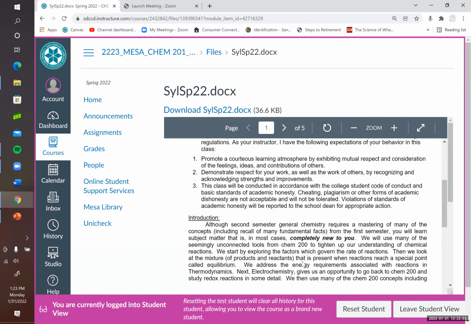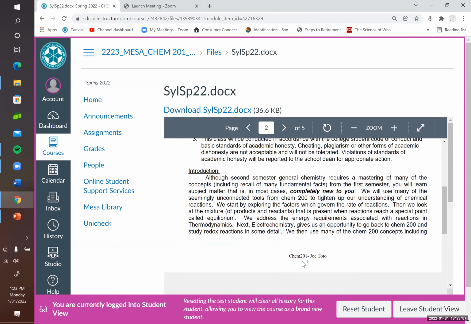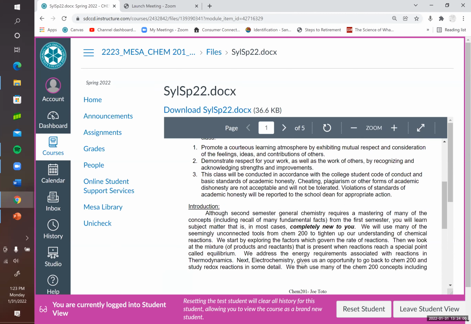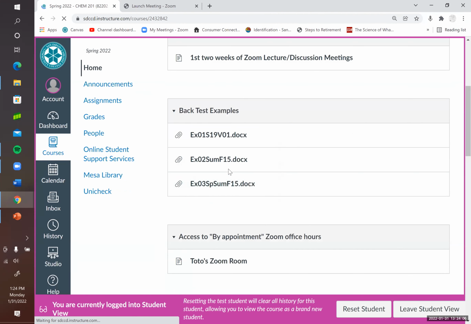Are all of the exams going to be multiple choice? Nope, just the final. Those other 3 are like the examples that I have here. Let's go back to home. I have these back tests. Here's an example of exam 1 that we looked at. Here's an example of exam 2, an example of exam 3.